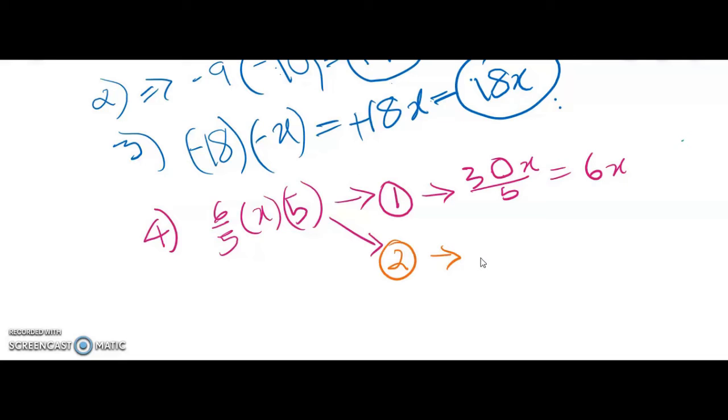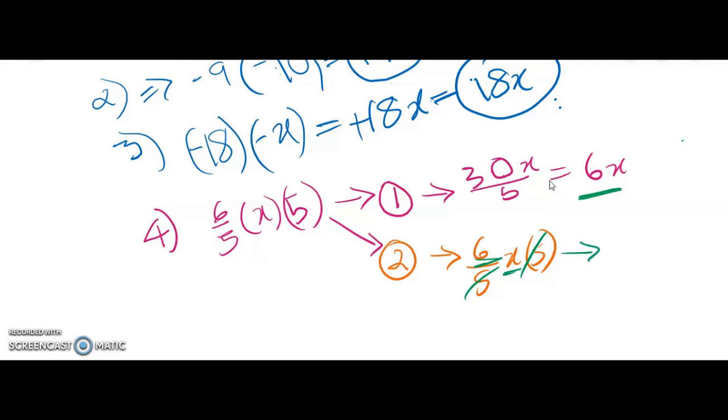Or you could do another method, which is the more efficient method, and this will prove to be very useful later on. But instead of doing the whole calculation like how I did up here, you can do an easier method where, because there's a 5 in the numerator and the denominator, you can cancel these out and you'll essentially be left with the same numbers you see here.